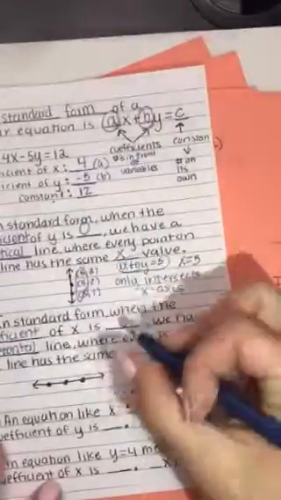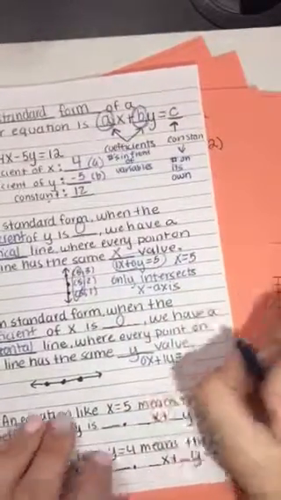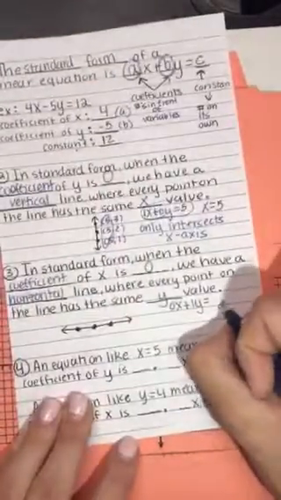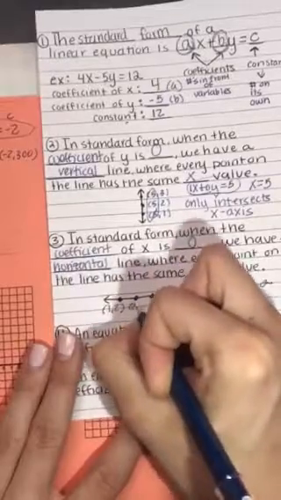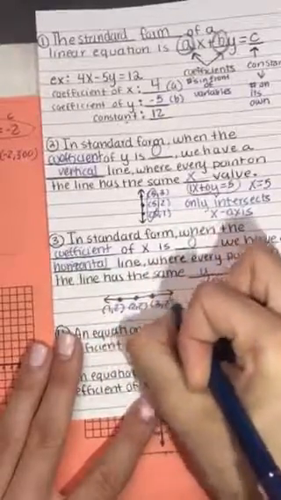So this would be like 0x plus 1y equals, what did we use? 2. Okay, so y always equaled 2, so we had like (1, 2), (2, 2), and (3, 2). y is always the same.